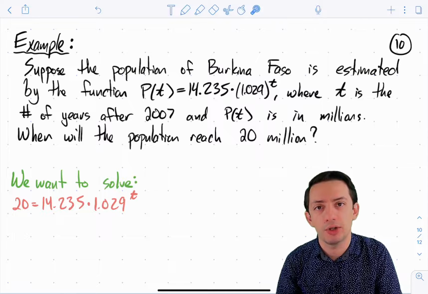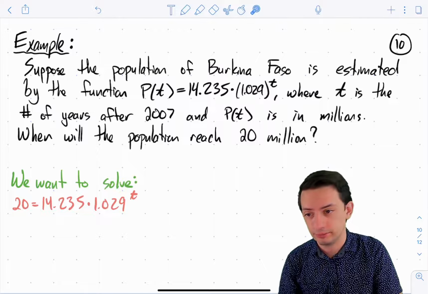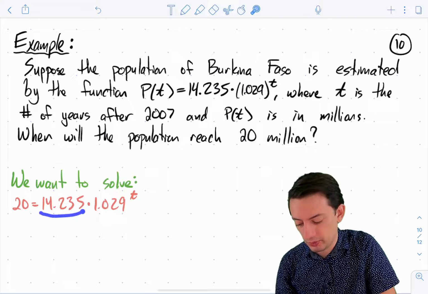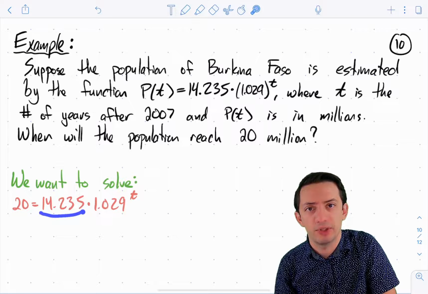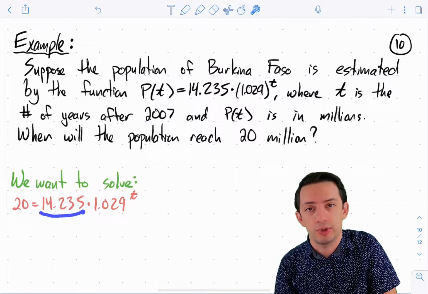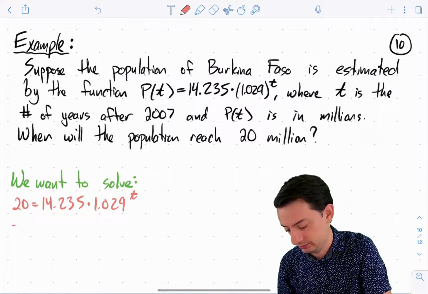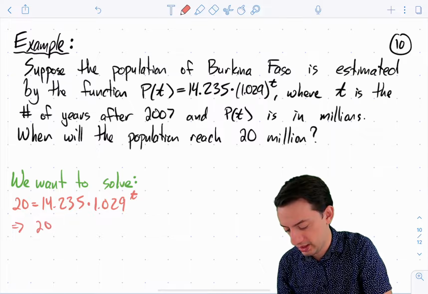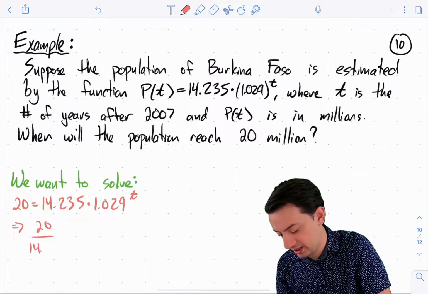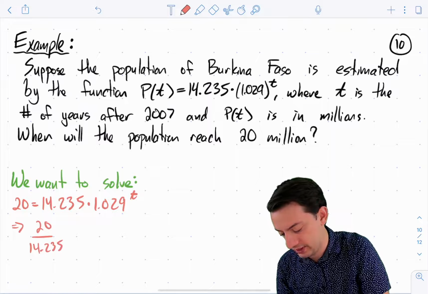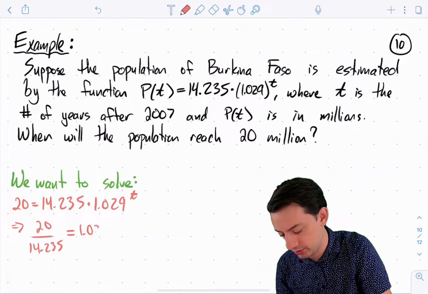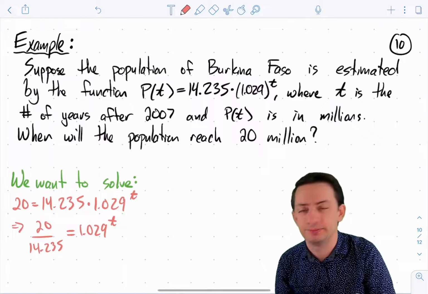So that means one by one, you want to move other things out of the way. Well, first, we've got this constant multiplier here. So we're going to divide it out to the other side. So 20 divided by 14.235 equals 1.029 to the t.